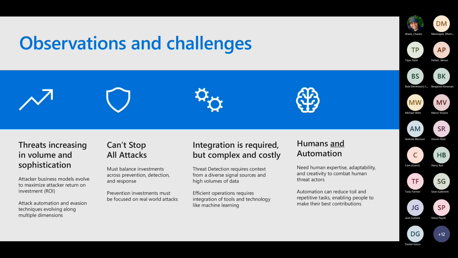So a combination of human and automation, or human and machine learning, is becoming a challenge and a way forward for companies to implement that combination.